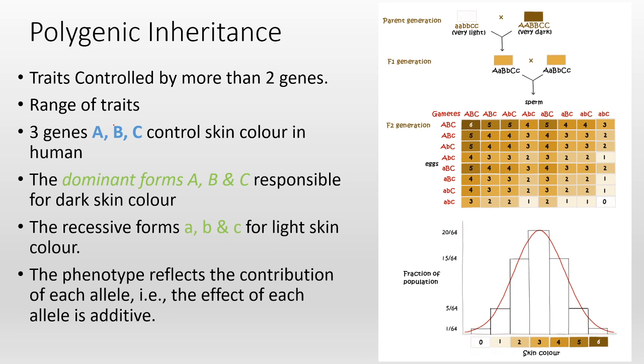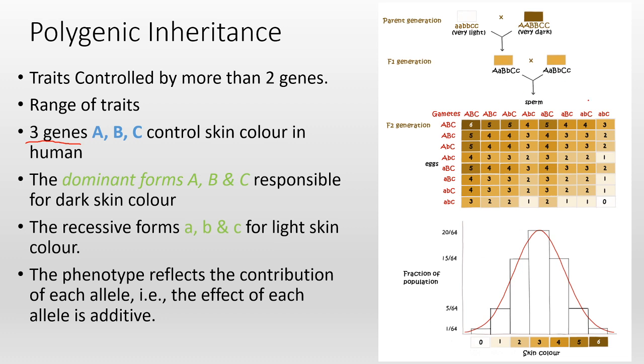And here, what happens is there are three different genes that regulate the skin color, the skin pigmentation. We are going to have A, B, C genes. Simple, A, B, C genes. Now, all these three genes are going to have a dominant form as well as a recessive form.